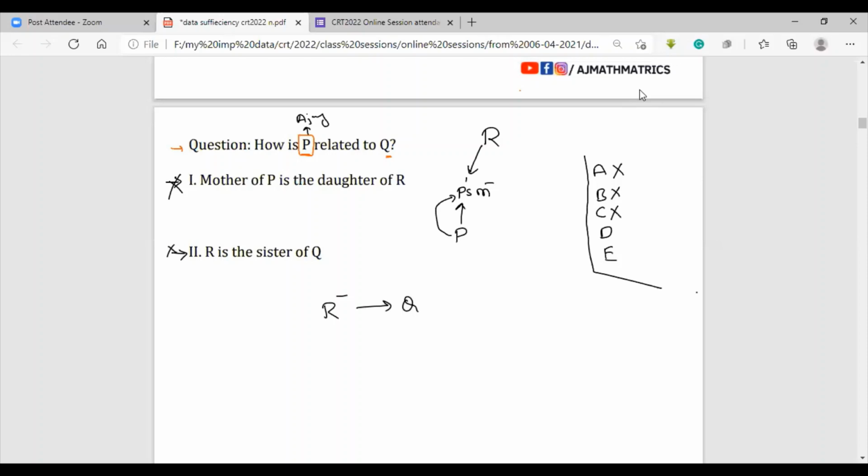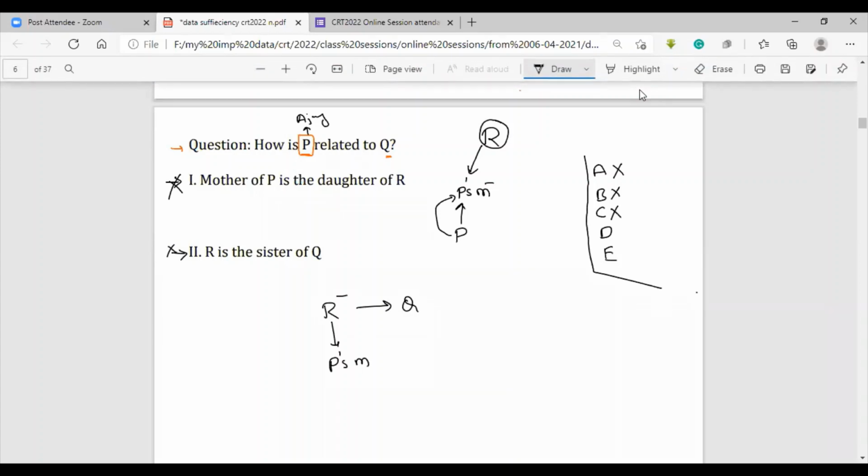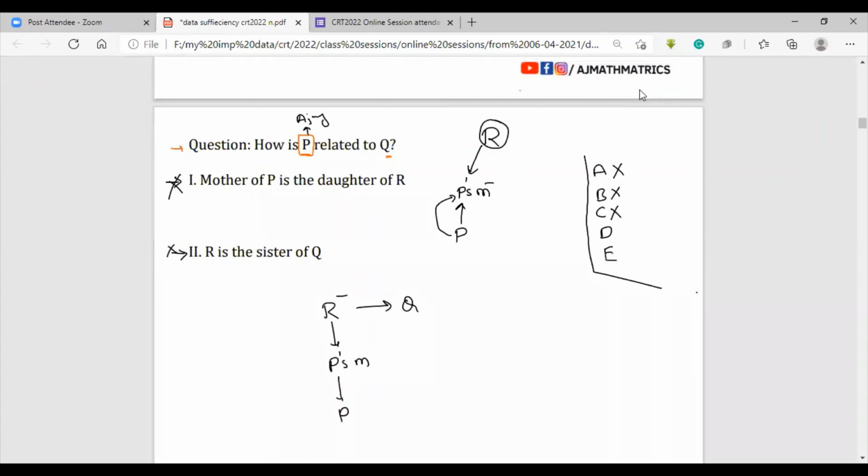Now, if you combine these two, what will we get? So here we have R. P's mother is here and P is here. So if you combine these two, I am getting this data. Now from this data, can you tell me the answer for the question? How is P related to Q?